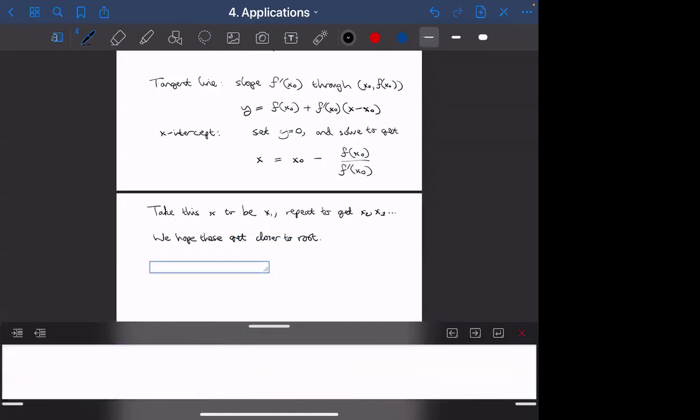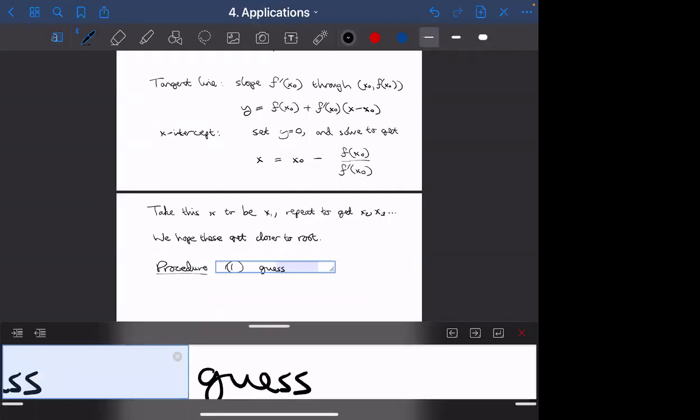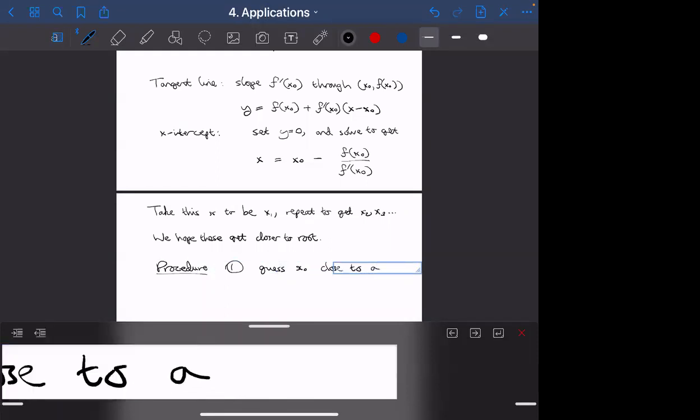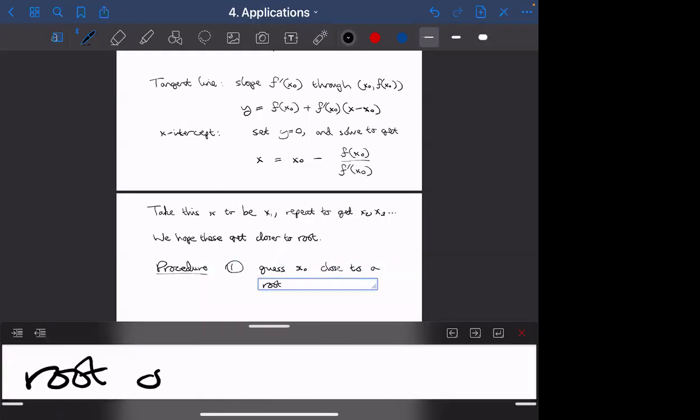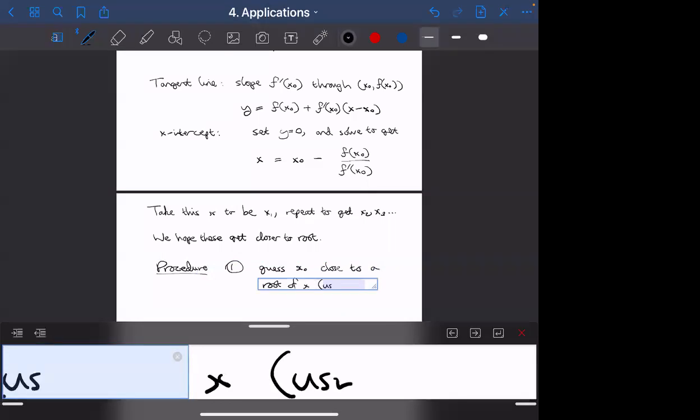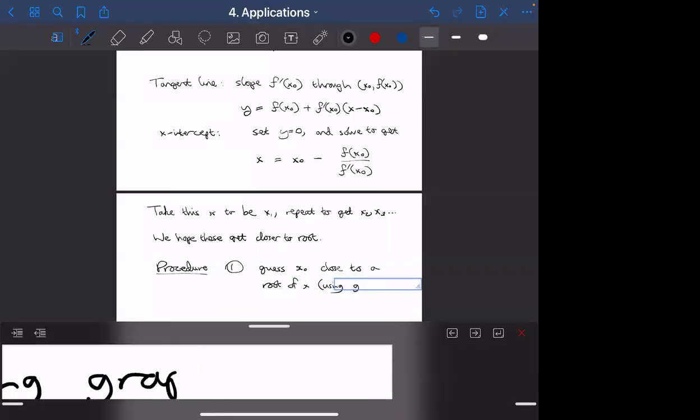So what's the procedure? Step 1, guess x0 close to a root of f, maybe using a graph or some other method.